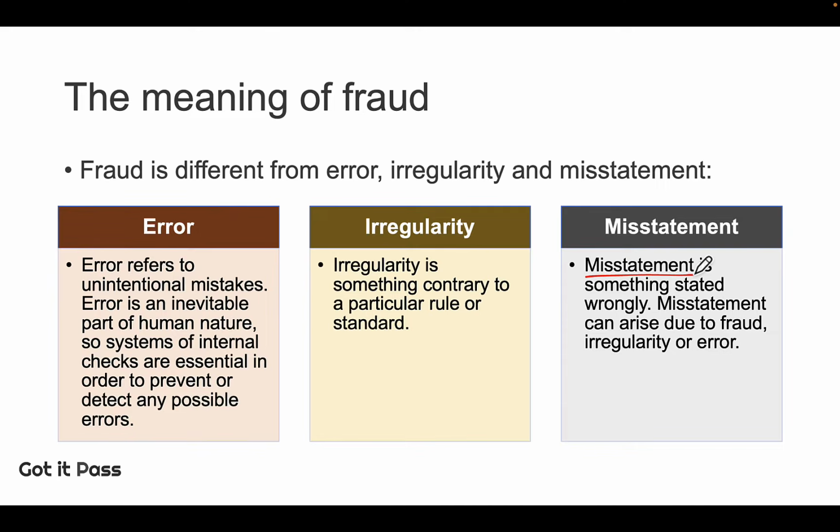Then it is a duplicated invoice in the system, and that is a misstatement. In the case that I shared with you, it is just an error. But sometimes it can be caused by fraud or irregularity.